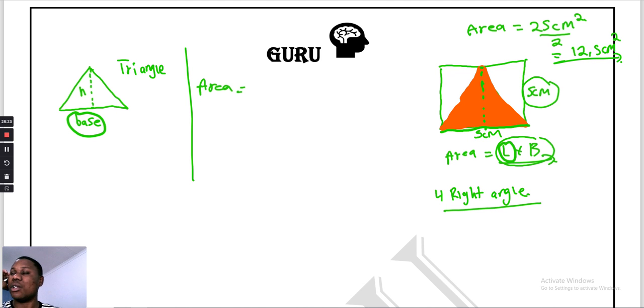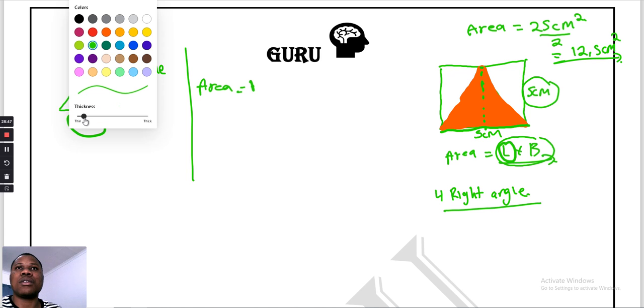Okay, and then look on top there. Our line, yes, is full here. But when we look on top, we are no longer having the same line. We don't have this line on top, meaning that we are only going to take one. That means we're going to take this base. Let me see. My line is too thick.